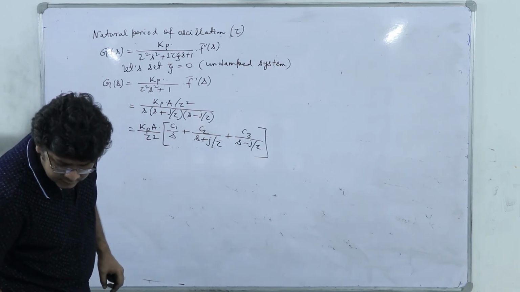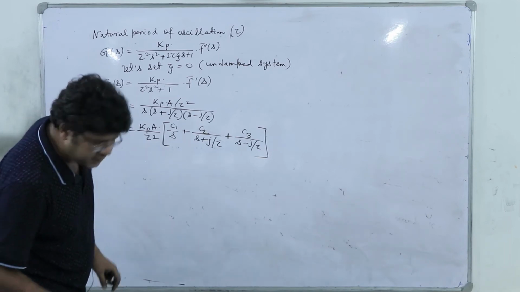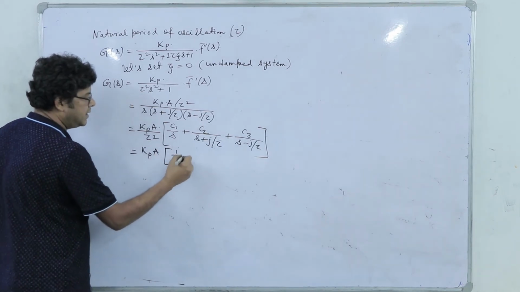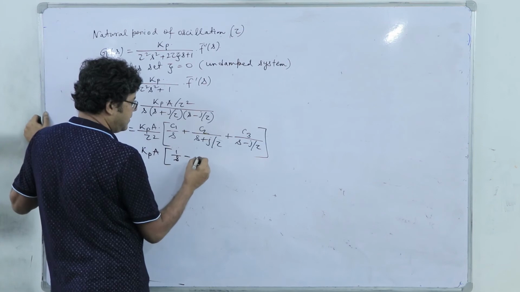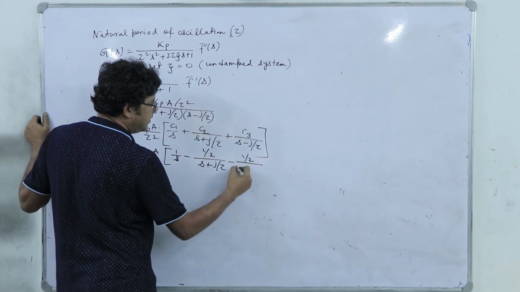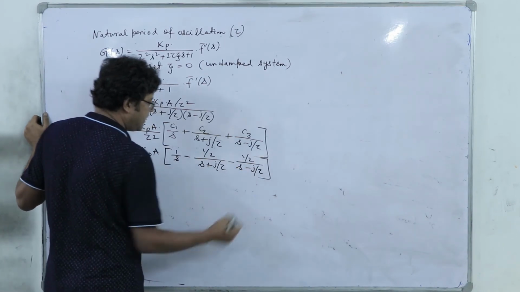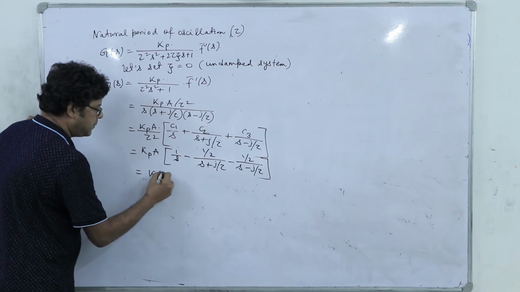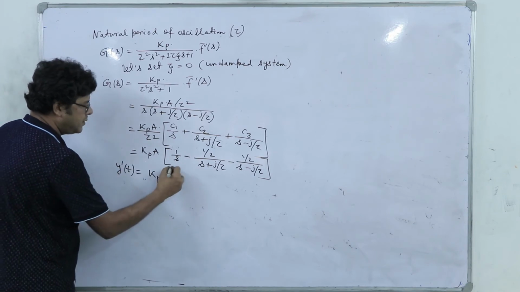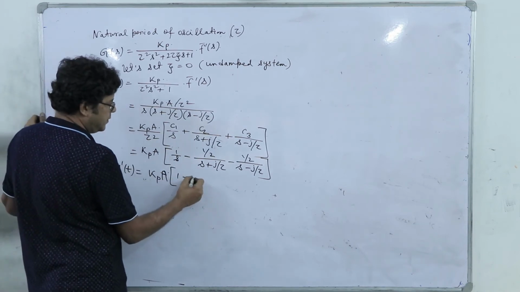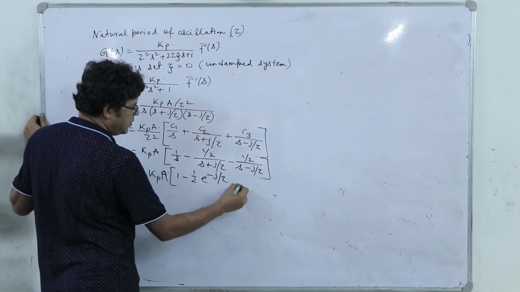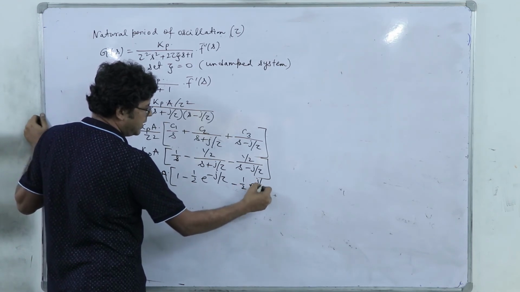So, basically if we find out this C1 and C2, what will I get? This Kp into A will be 1 by S minus half S plus j by tau minus half S minus j by tau. Right. So, upon taking this Laplace inverse, this will be 1, minus half into e to the power minus jt by tau, minus half into e to the power plus jt by tau.